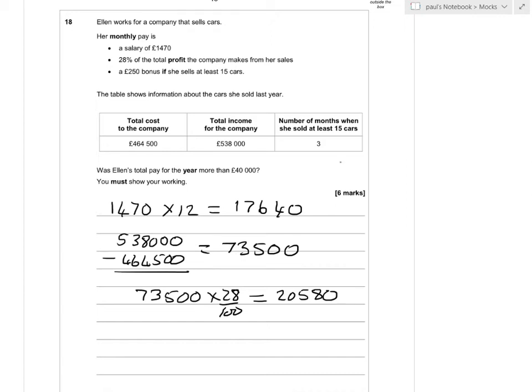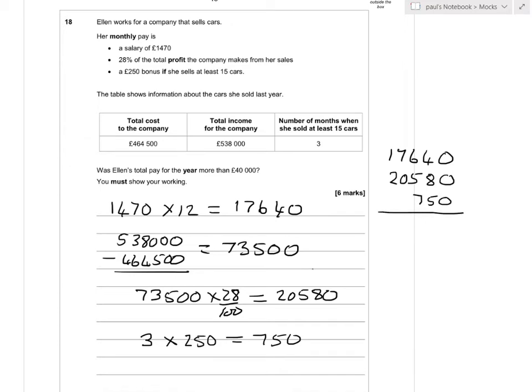So we're going to add the bonus. The number of months when she sold 15 cars is 3. A £250 bonus if she sells at least 15 cars. Oh, so we've got 3 times the bonus, 3 times £250. That's another £750. So her total income is 17640 and 20580 and the £750 bonus.